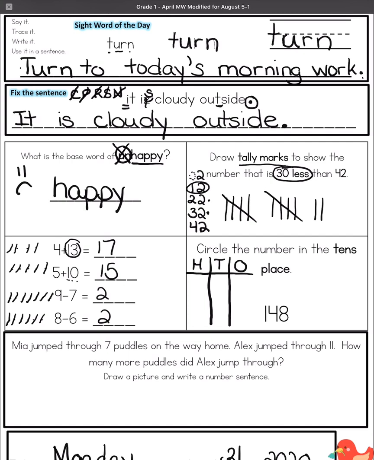So in the number 148, I have 100, 40, for T is for tens, and 8 is 8 ones. Now I can tell really easily which number is in the tens place. That's right, it's the 4. So that's the one we're going to circle.